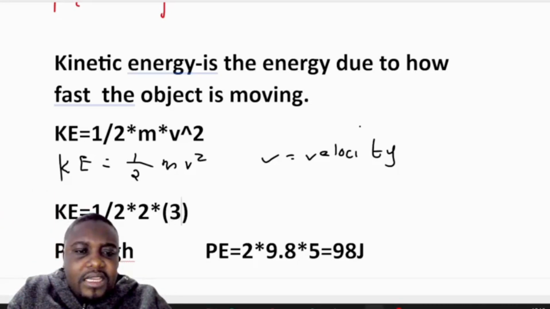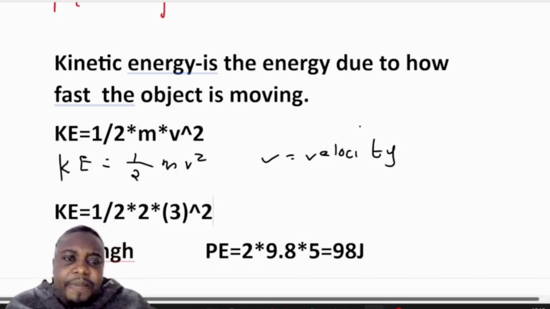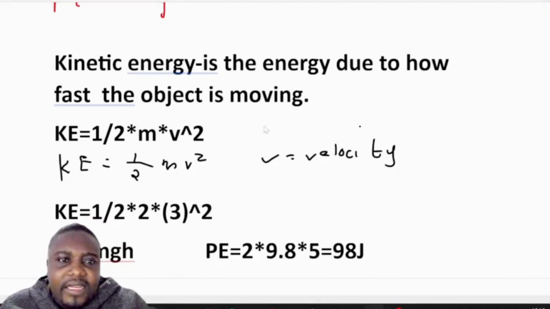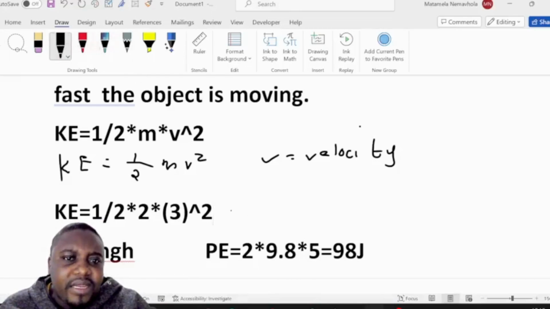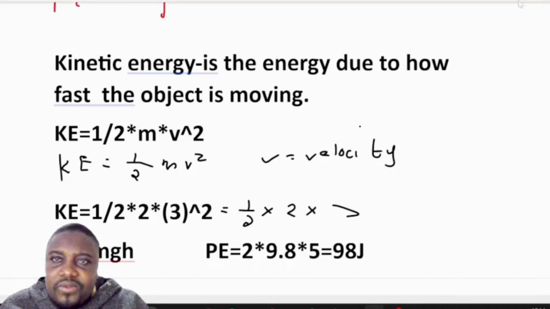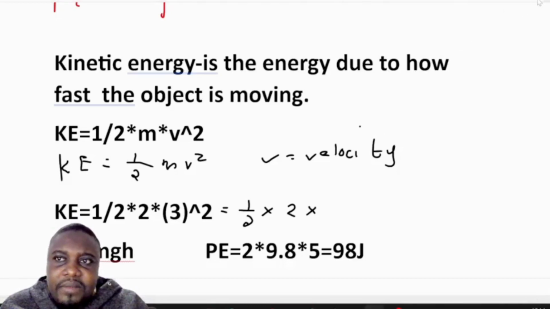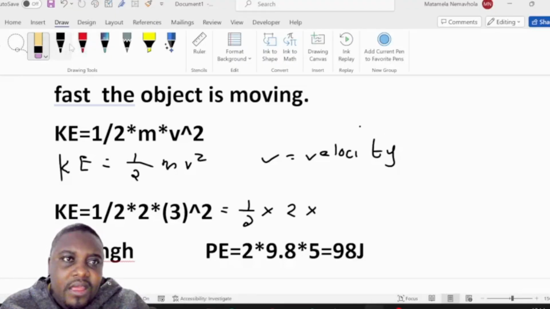So it's 3 squared. What I just wrote is the same as 1 over 2 multiplied by 2 multiplied by 3 squared.